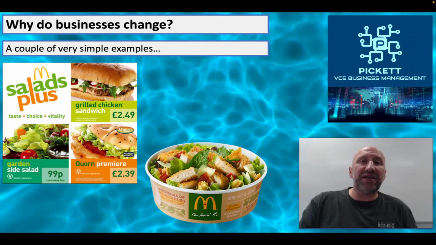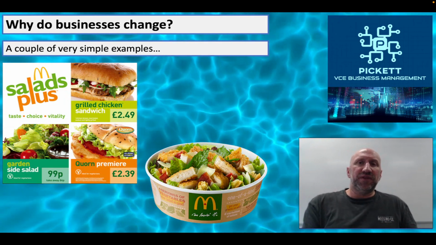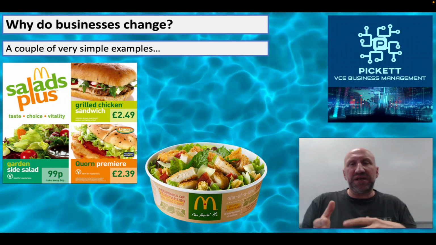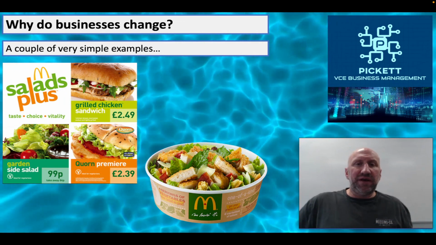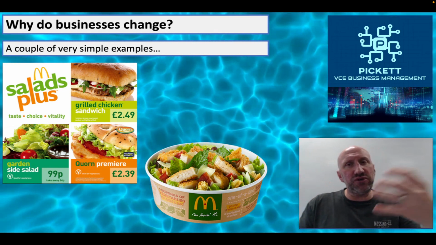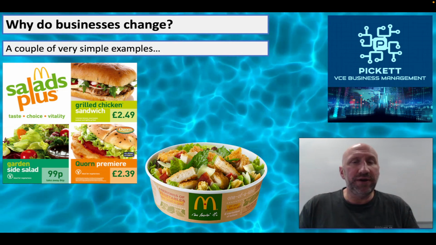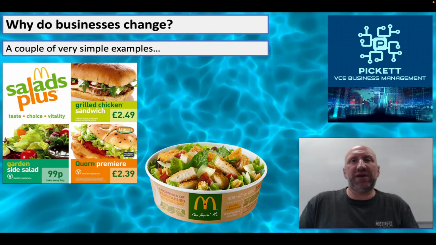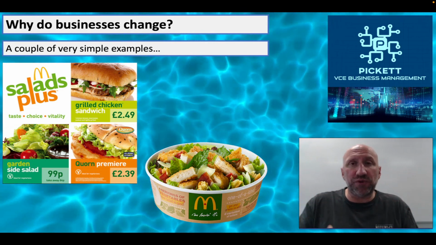And again, coming back to what I mentioned before, the healthy items. This is a relatively recent addition, in the history of McDonald's anyway, the salads, wraps, this sort of stuff. Because if McDonald's just ploughed on with their non-healthy menu, they would have lost a lot of customers, because people now care more about what they eat.